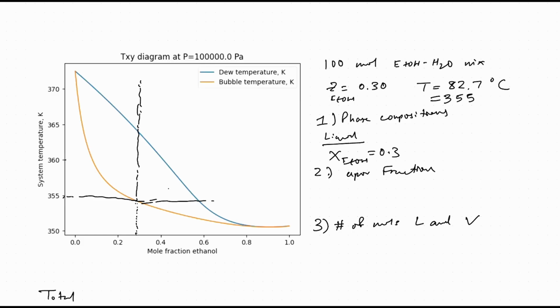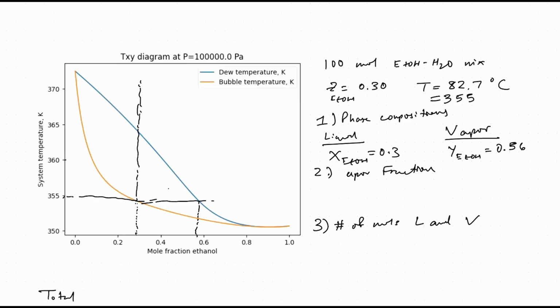Now you could also ask, what is the composition of that first bubble of vapor? We can go here, cross the line, and read what our composition is. That looks to be that our ethanol fraction will be about, I don't know, we'll say 0.56 or 0.55. I think both of those will work.